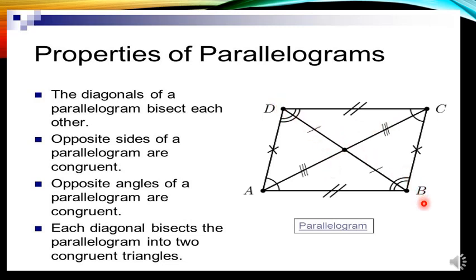So you should know that in a parallelogram, the diagonals bisect each other equally. Then opposite sides are equal and parallel. After that, each diagonal bisects the parallelogram into two congruent triangles. So all these are the properties of parallelograms.